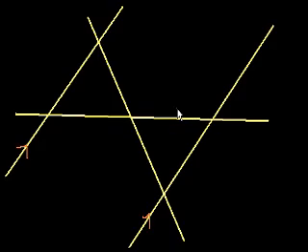And I want to know, if this side is length 5, let's say this length is length 5. Let's say that this length is, let me draw another color, I don't know, 8.